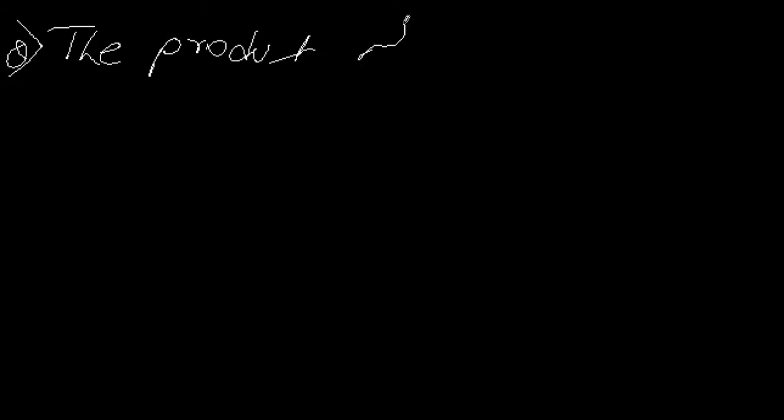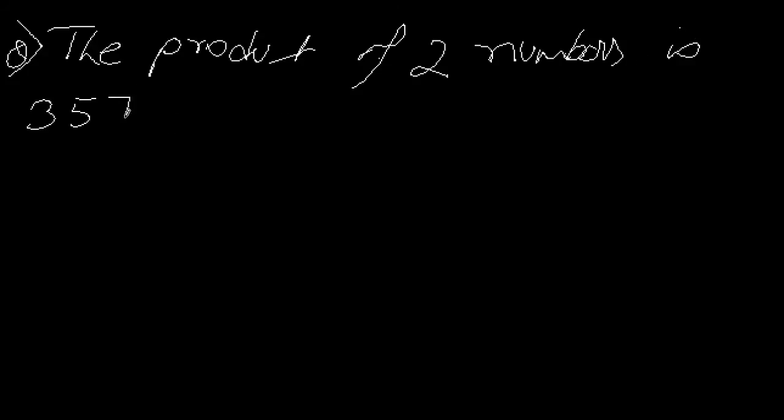Okay, so suppose we have a question where it is said that the product of two numbers is 357435. It's a big number.